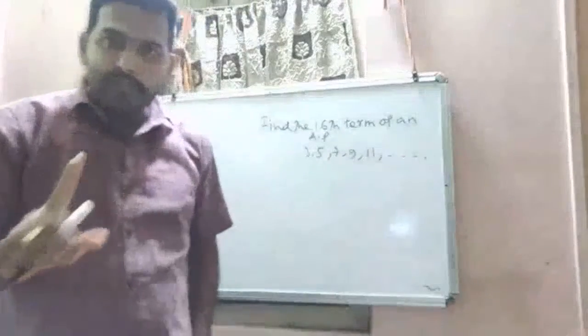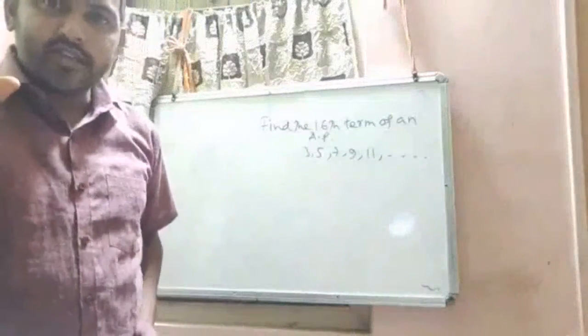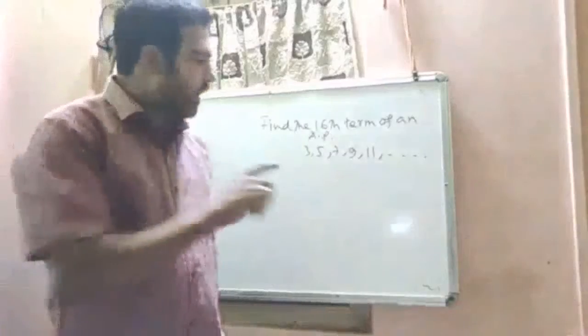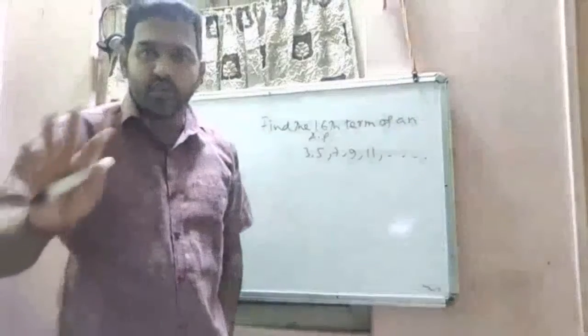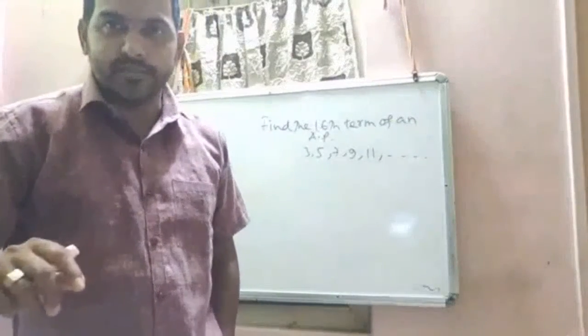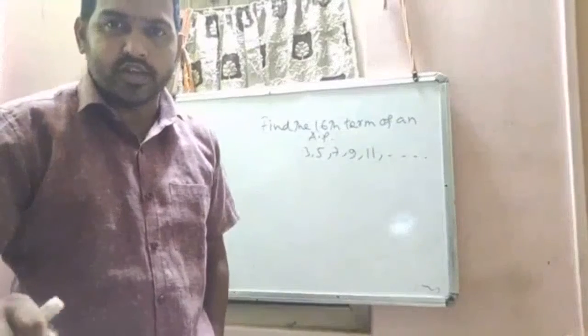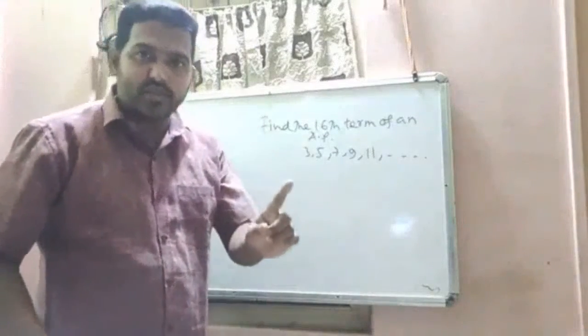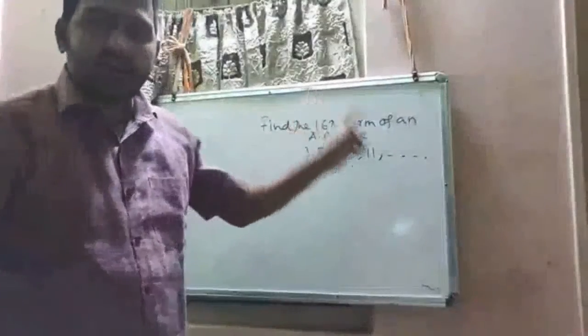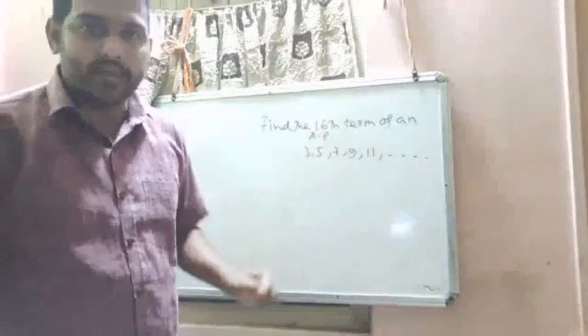So this is an AP given. Already it has been given in the question that the numbers are in AP, so we don't need to find whether the common difference is constant. We just need to find the 16th term lying in the AP.